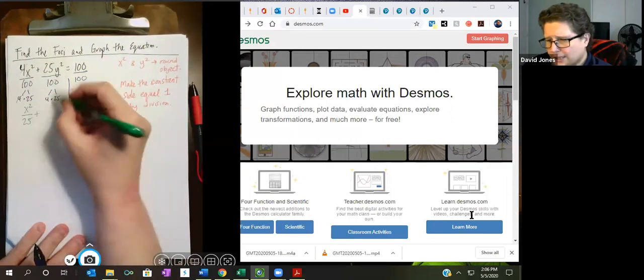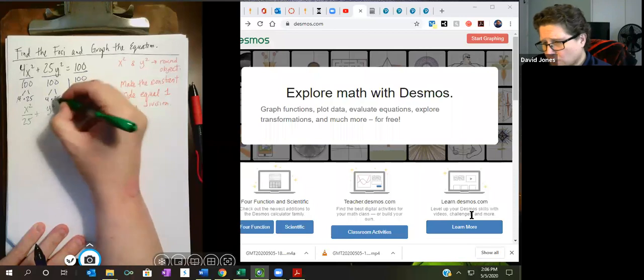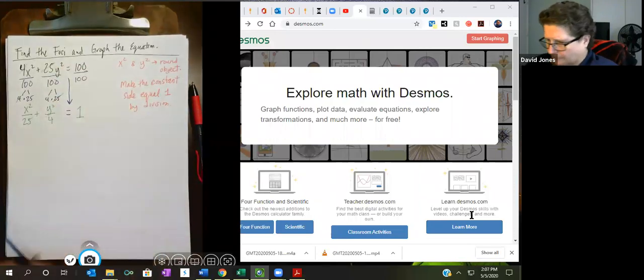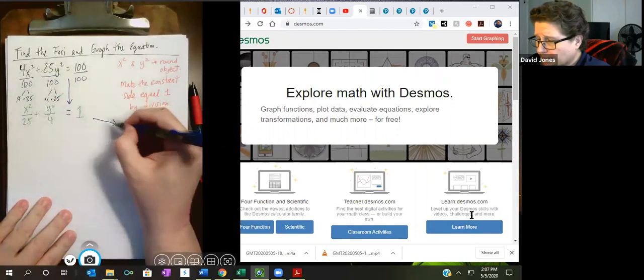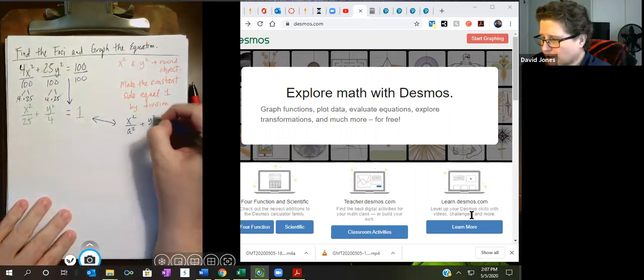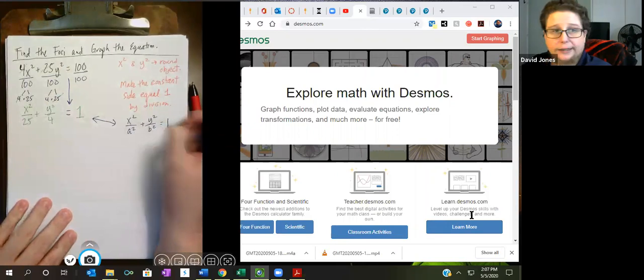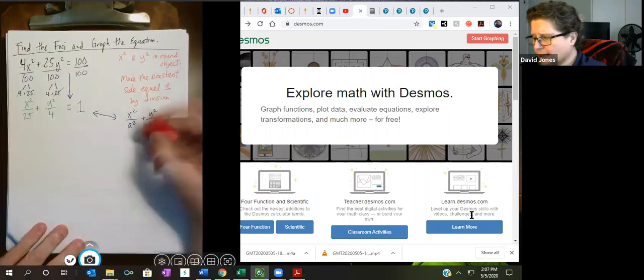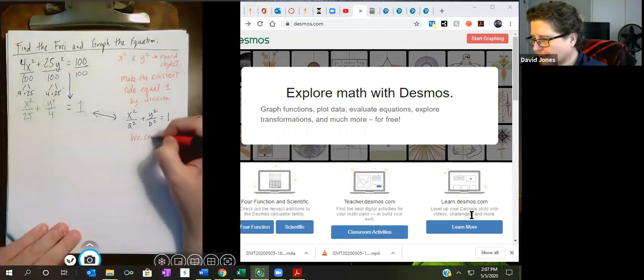And I get y squared, the 25's cancel, over 4. This is the same form as x squared over a squared plus y squared over b squared equals 1, which means we can pull a and b directly from the equation.